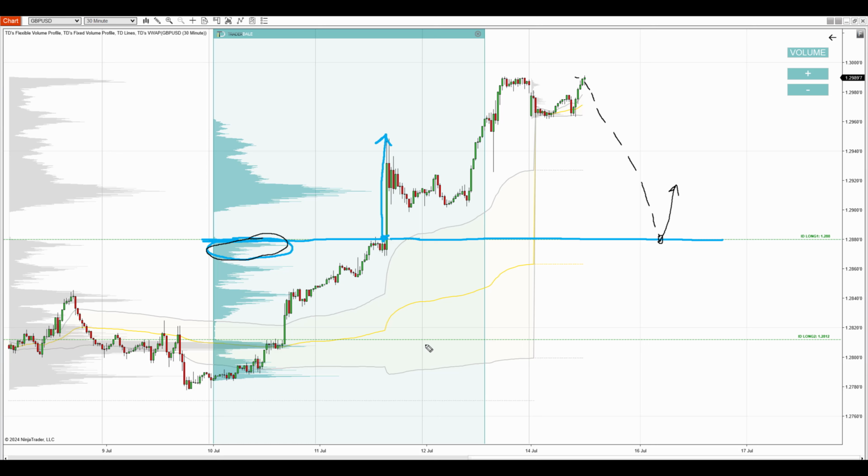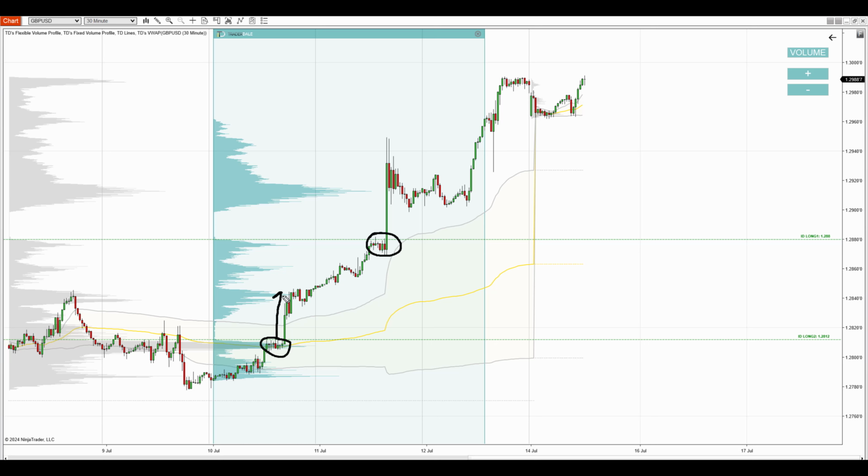The second level is this one, and it is based on those heavy volumes formed in here, and the logic is the same as in here. As you can see, we have that volume cluster from which strong and aggressive buying activity starts, right? So this is the same thing, but there's one more thing that adds strength to the lower level, and that is that there's a weekly point of control.